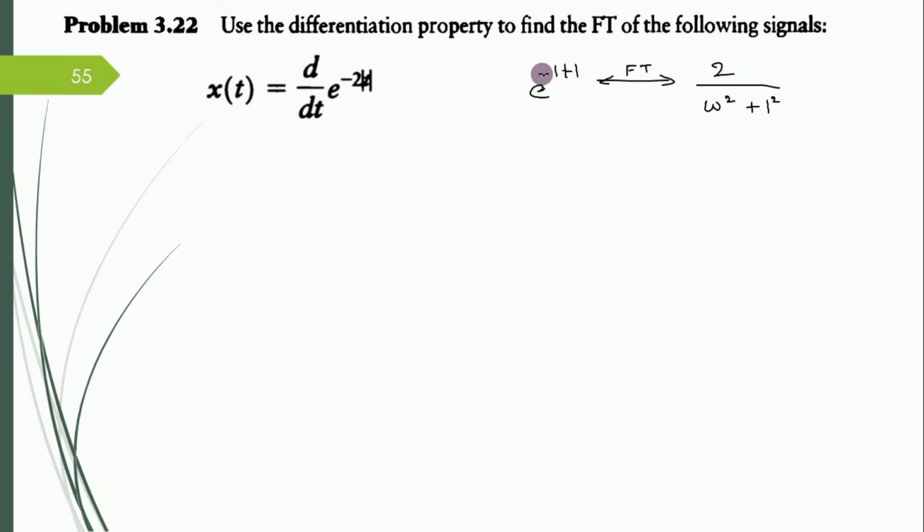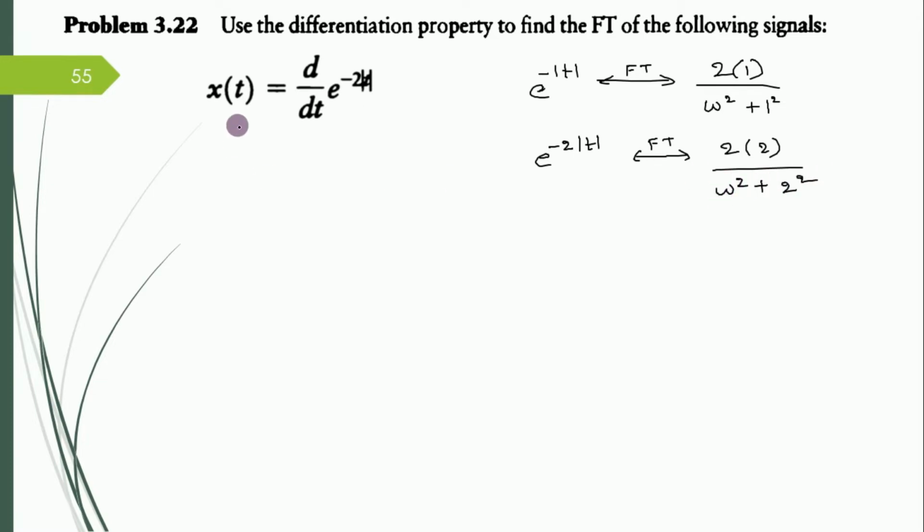If you have some number, you have to write it here. Now I am having e raised to minus 2 mod t here. For this, the FT pair is, in place of 1, wherever you have 1, you write 2 because you have 2 here, 2 divided by omega square plus 2 square. This is what you get.